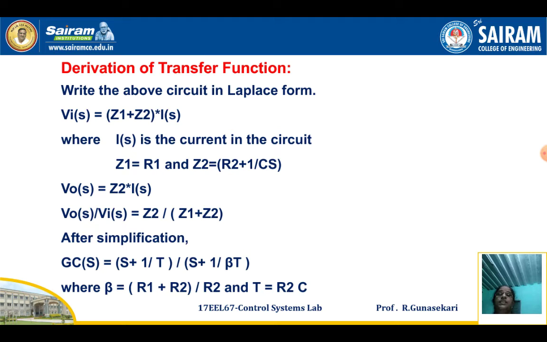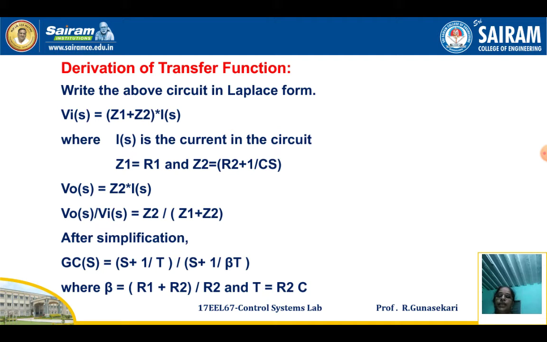Then derivation of the transfer function. For this RC lag compensating network, first you have to take the Laplace transform. Input voltage Vi(s) equals (Z1 plus Z2) times I(s), where I(s) is the current in the circuit. Z1 is equal to R1, Z2 is equal to R2 plus 1 by Cs. V0(s), the output voltage after taking Laplace transform, equals Z2 times I(s). V0(s) divided by Vi(s) is the transfer function, output divided by input, that is equal to Z2 divided by Z1 plus Z2.